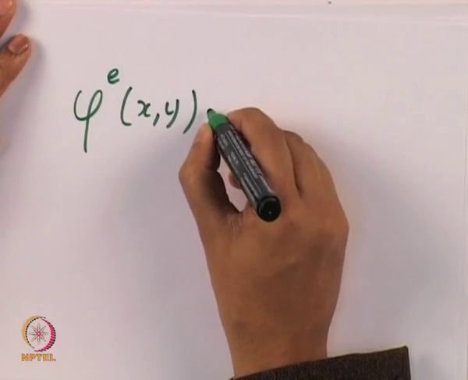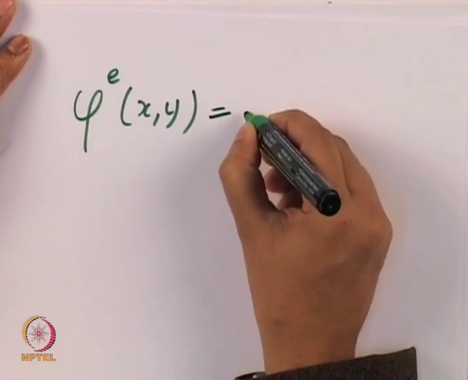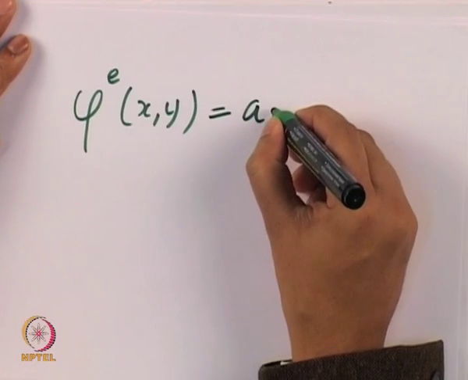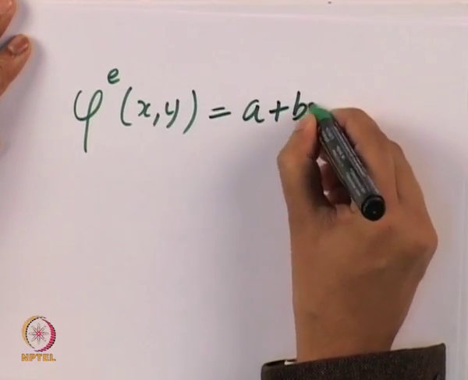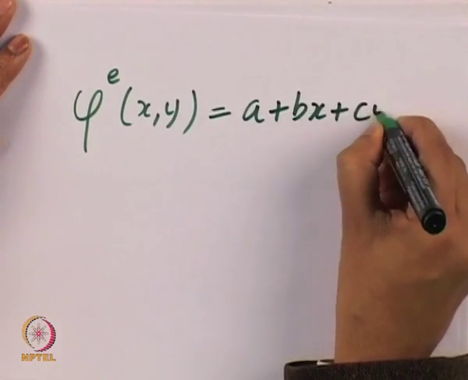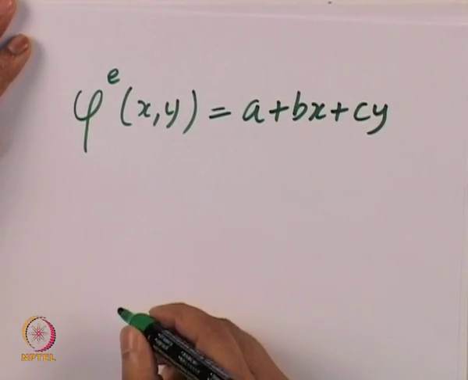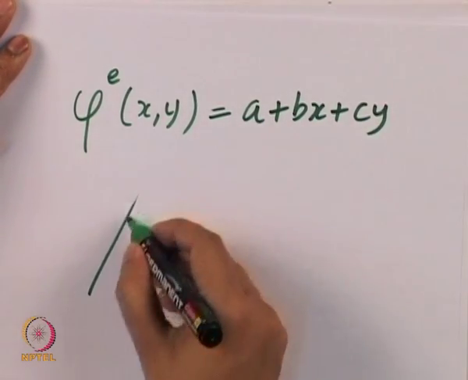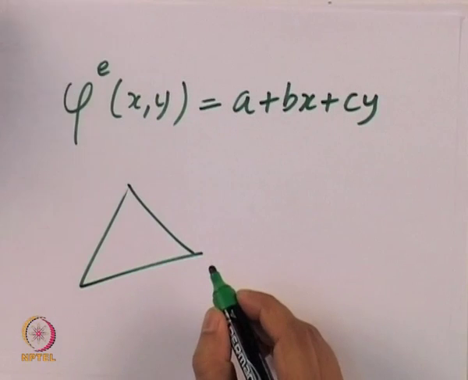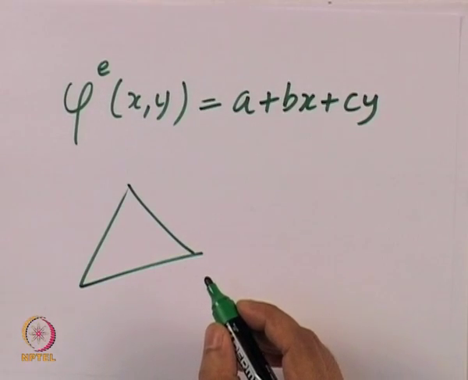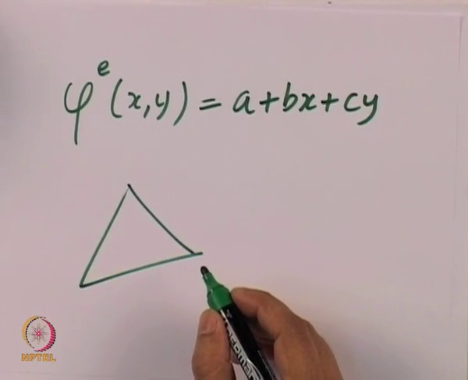And I am going to say it is going to be equal to some constant a plus b of x plus c of y. So what I have done is, inside each of the triangular element the value of the potential is going to be based on certain numbers.